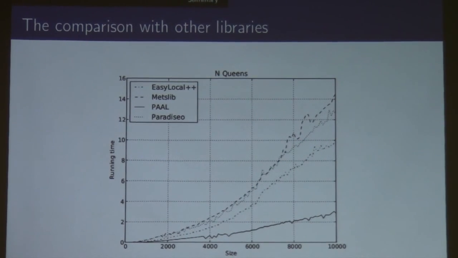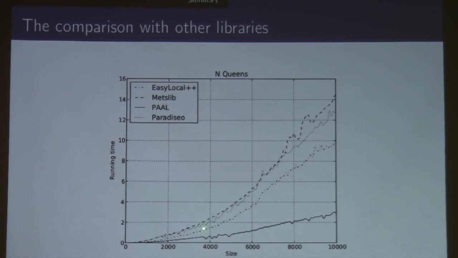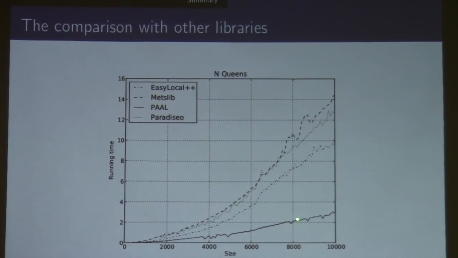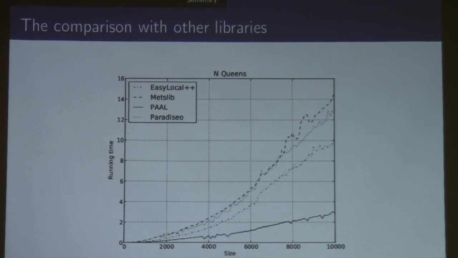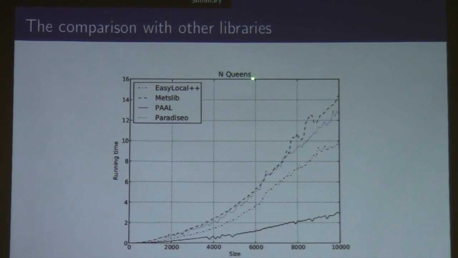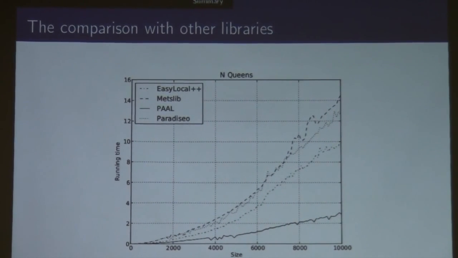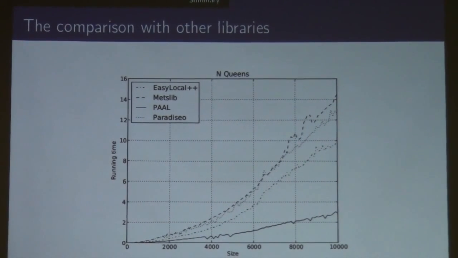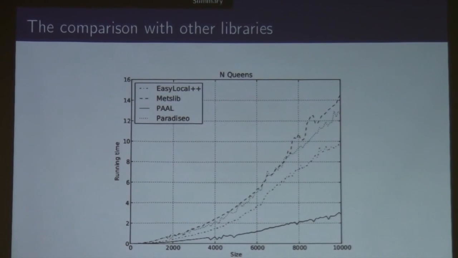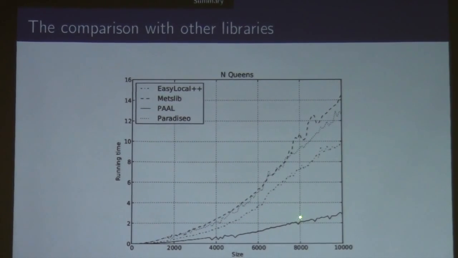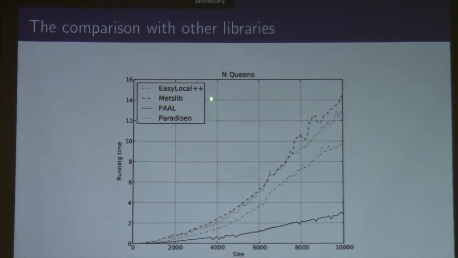In this test we were working on the n queens problem: we want to put n queens on the chessboard so that they are not attacking each other. It's a well-known toy problem, and it's very easy to compute the gain and commit.